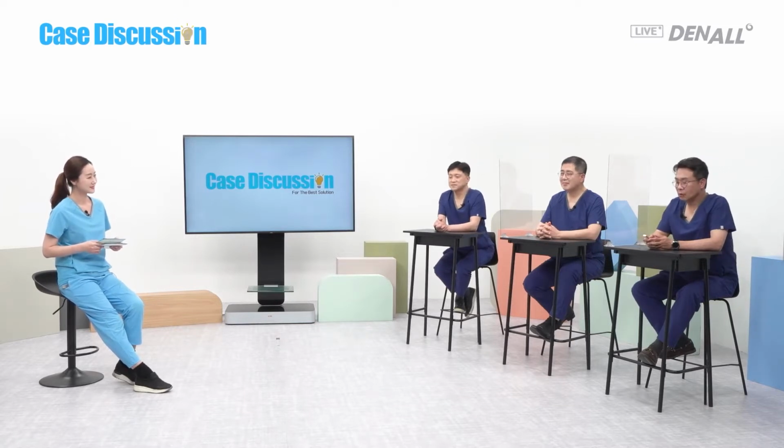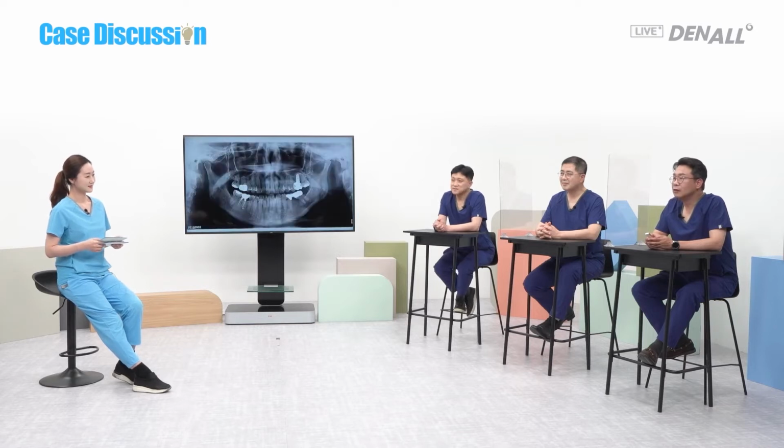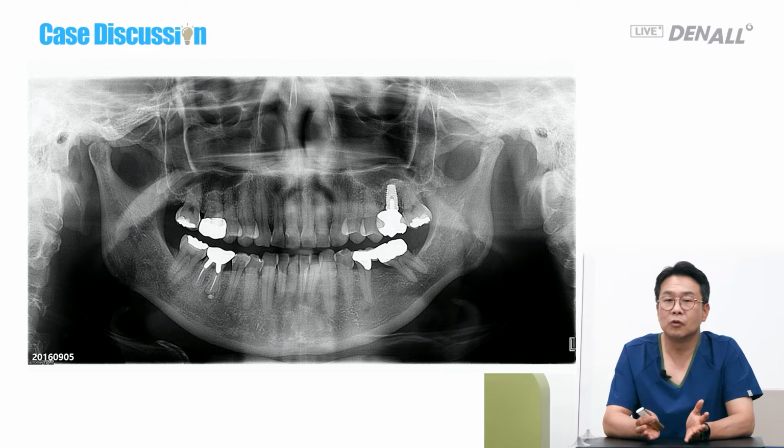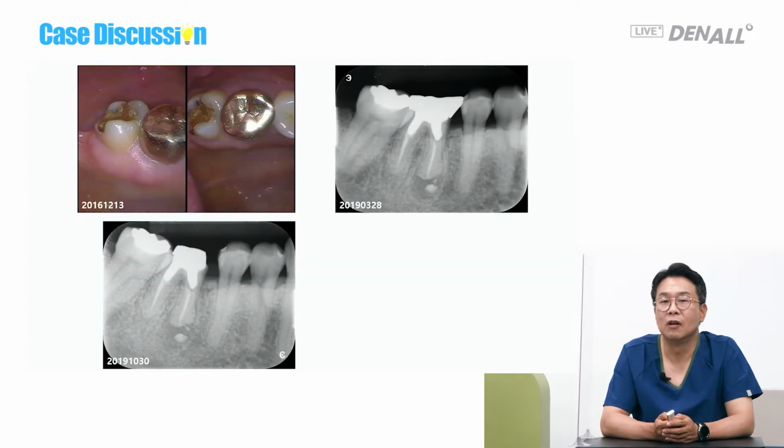Professor Seong Min: Yes, I have prepared a case. Implant, bridge, and endo treatment, various things are here. In 2016, at number 46, endo treatment was done, and there's a post and crown. Over time, little by little, it's getting deteriorated, and the crown falls off and is removed.